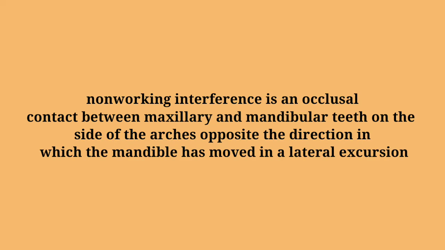That means the non-working side is the side of the arch where the teeth should not contact. Any contact on the non-working side should be minimized, to reduce any effect and any force on the non-working side.